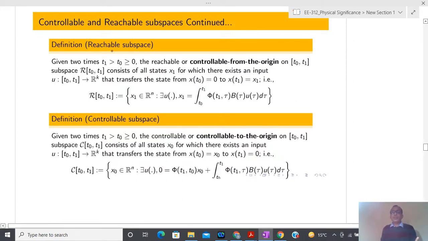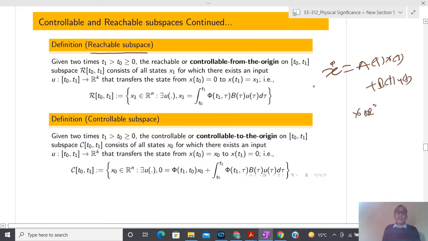I have told you that the main aim of control is to manipulate the state. So let us try to see these two definitions, called the reachable subspace. Why subspace? Because it might be possible that I have some kind of LTV system, x dot equal to A(t) x(t) plus B(t) u(t), and I am assuming x belongs to Rn.